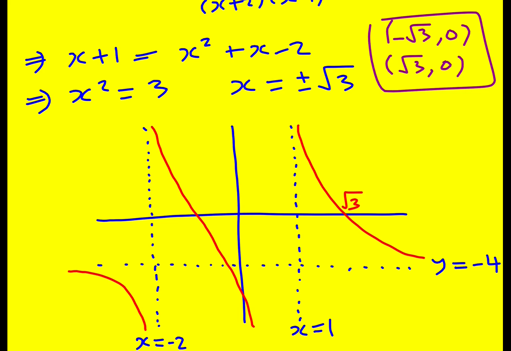Something a bit like that. So we're going to get minus root 3 here and minus 6 here. And that is a pretty decent sketch, I think. I'm just going to add x here and y here.